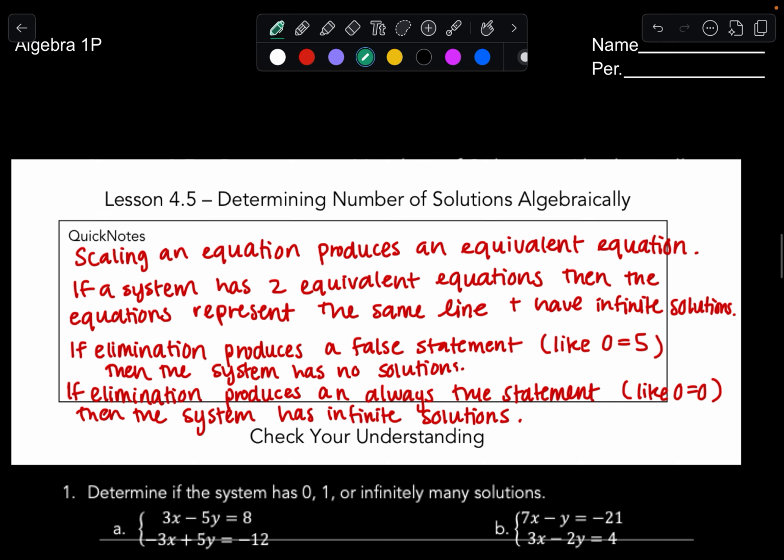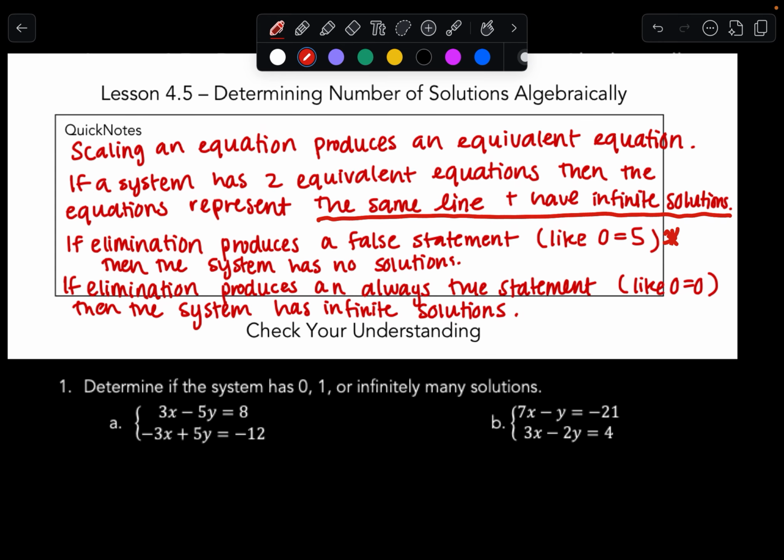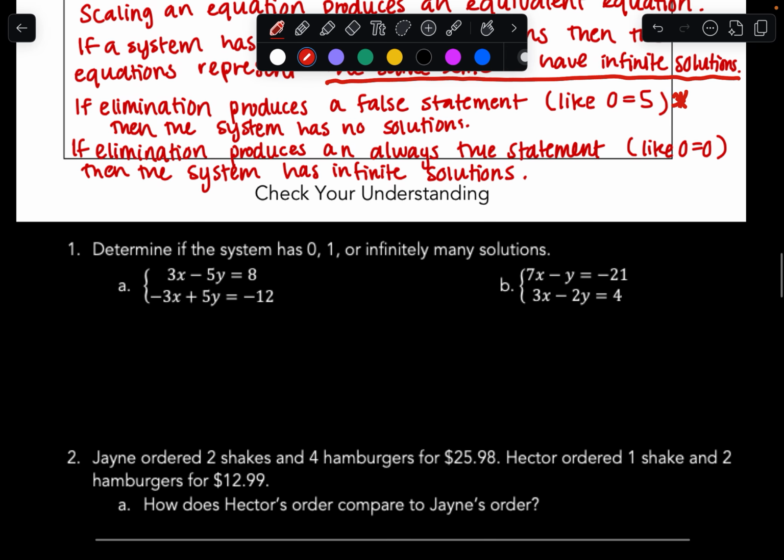If a system has two equivalent equations, then the equations represent the same line and have infinite solutions. If elimination produces a false statement like 0 equals 5, then the system has no solution. We talked about that. And if elimination produces an always true statement like 0 equals 0, then the system has infinitely many solutions. So determine on number 1 if the system has 0, 1, or infinitely many.